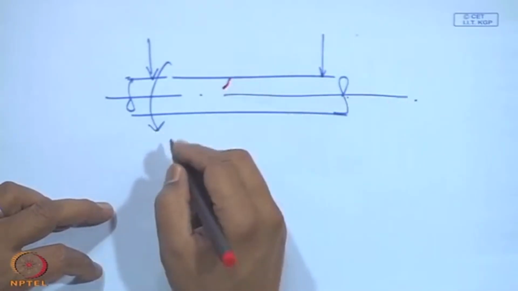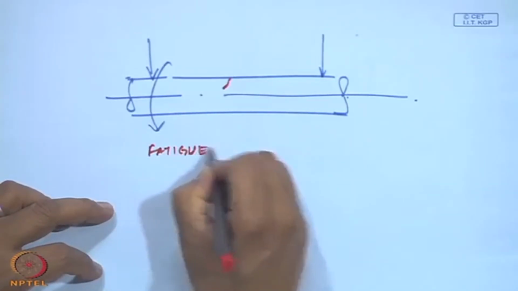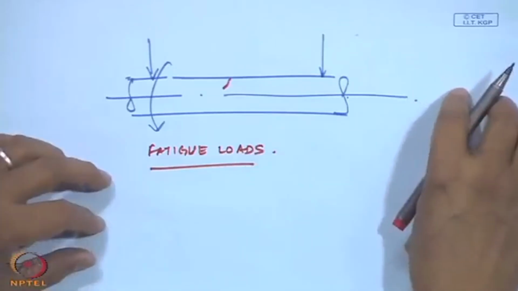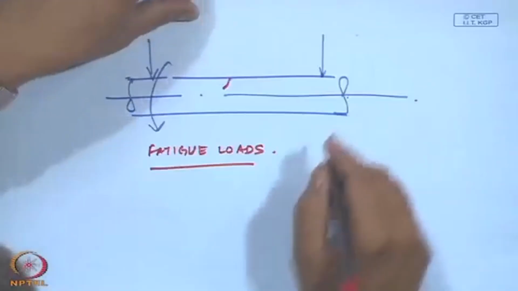There will be fatigue loads on the crack, and a material subjected to fatigue loads is going to fail much more quickly compared to a static load. Imagine this is a shaft which is rotating and there is a small crack. Every time it rotates, this crack is going to open and close, and eventually because of fatigue loading, it is going to fail much more quickly. This is something we should not allow.